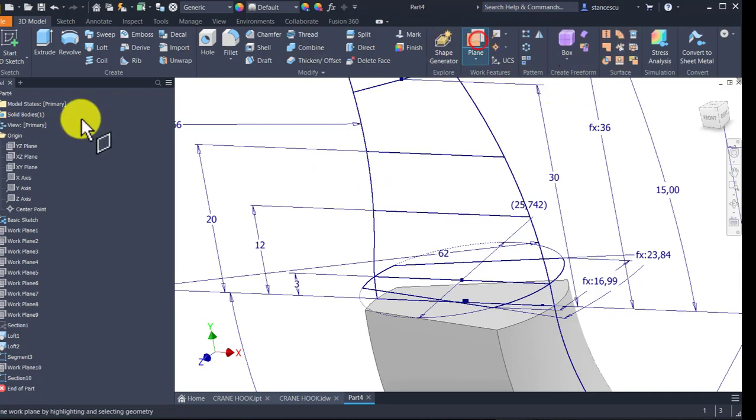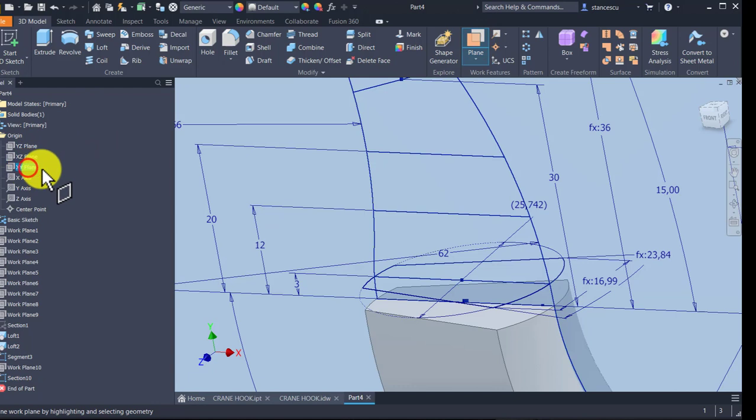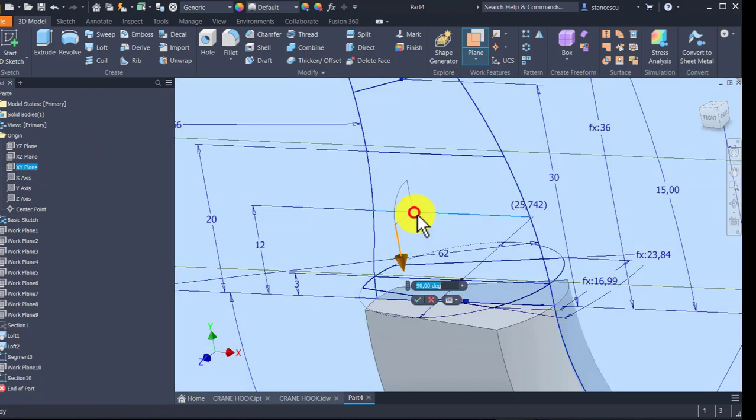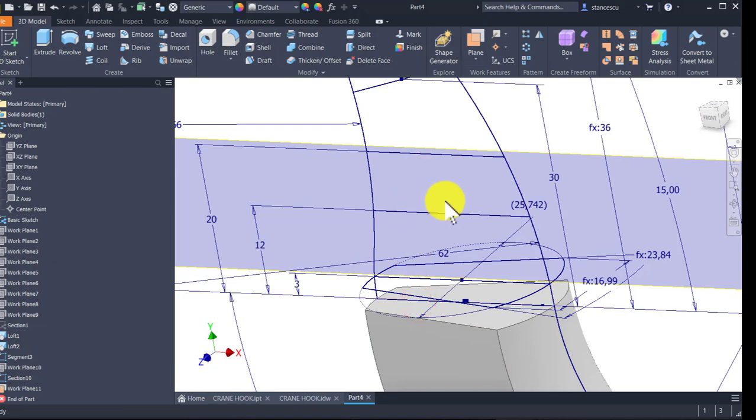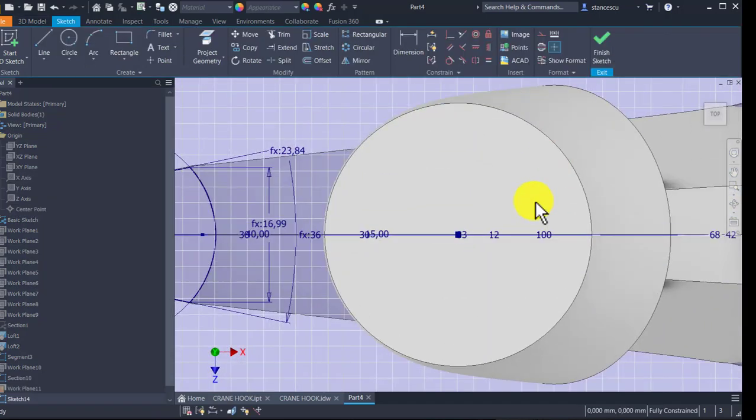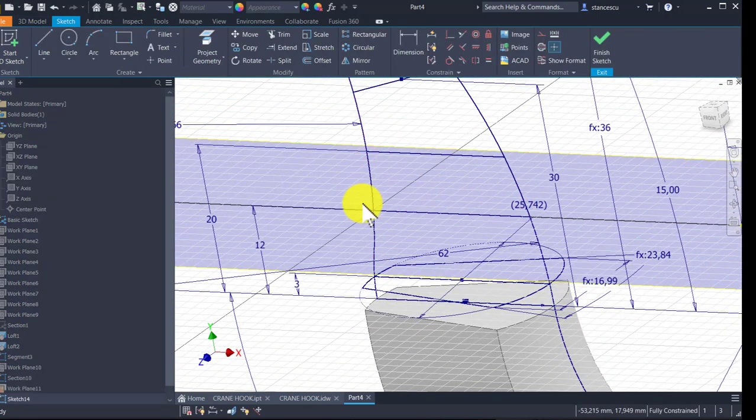Plane, XY, diameter, OK, sketch, F6, F5, excuse me, F5. And now this is the target. I project the target, because I cannot draw a circle without projection.